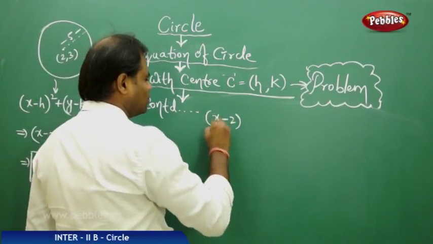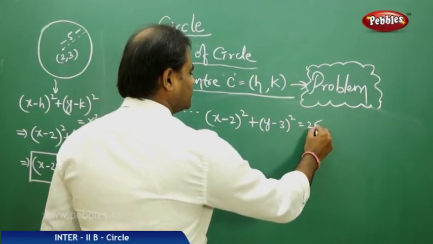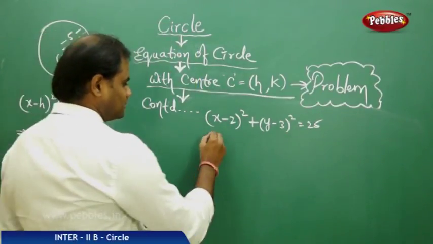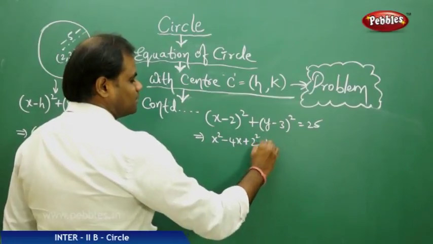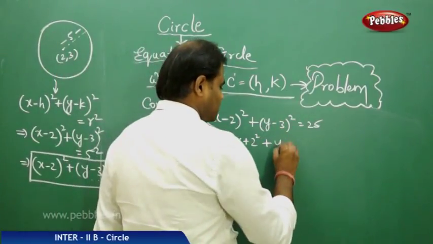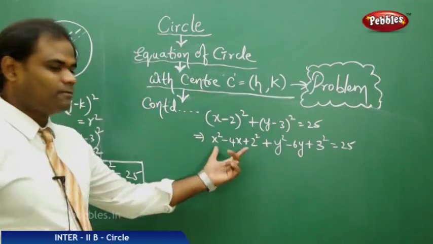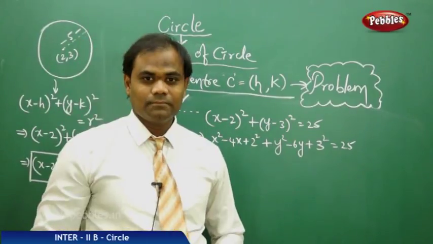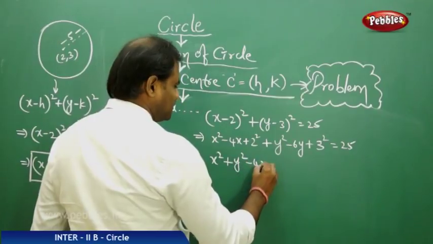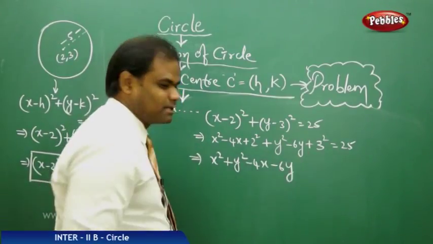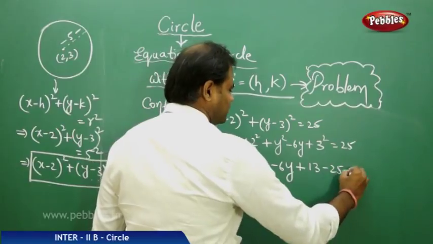When I have x minus 2 whole square plus y minus 3 whole square equal to 25, this is simplified using a square minus 2ab plus b square, which on further simplification gives me x squared plus y square minus 4x minus 6y plus 4 plus 9, which is 13, minus 25 equal to 0.